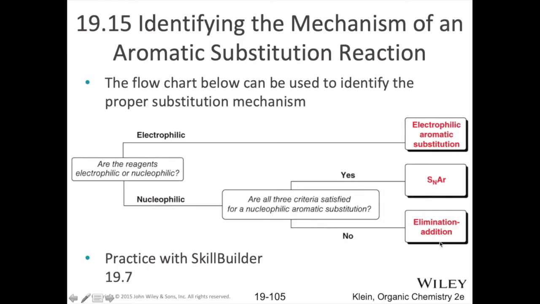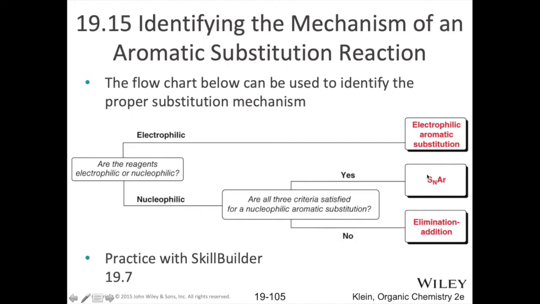We have really strong nucleophiles there. How do we distinguish between these? First of all, look at your reagents and ask yourself, am I using an electrophile or a nucleophile to do this reaction? It sounds like a dumb question, but that's obviously the big difference between an electrophilic aromatic substitution and these other two, which require nucleophiles.